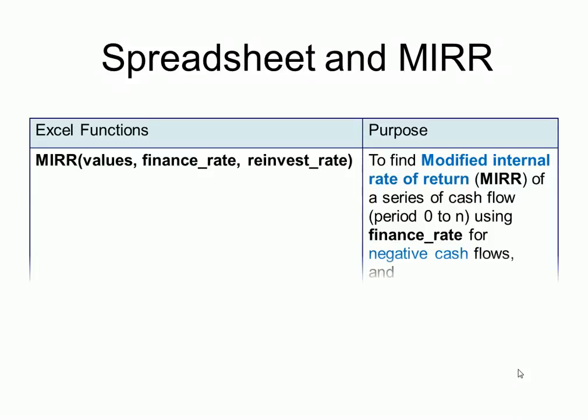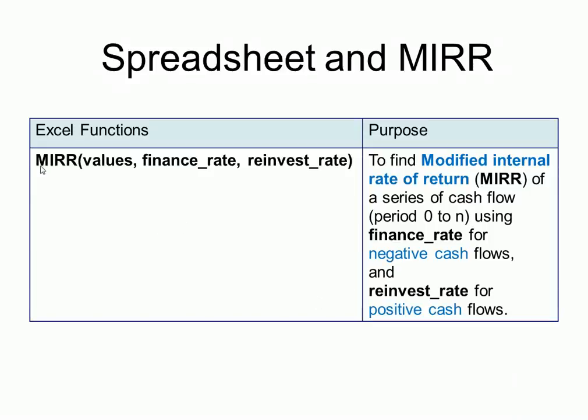Great. So let's take a look at what type of ways we can use spreadsheets to find the modified internal rate of return. There is actually a function in Excel called MIRR, and that function is used to find the modified internal rate of return of a series of cash flows and the periods from 0 to n, and it uses the finance rate and then the reinvestment rate.